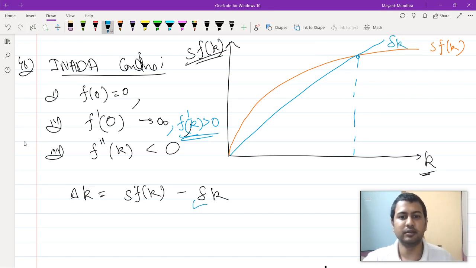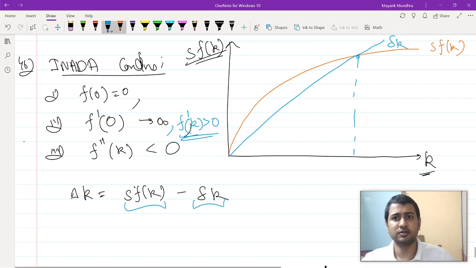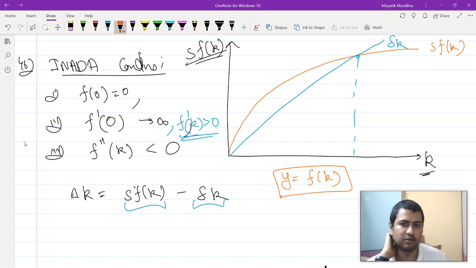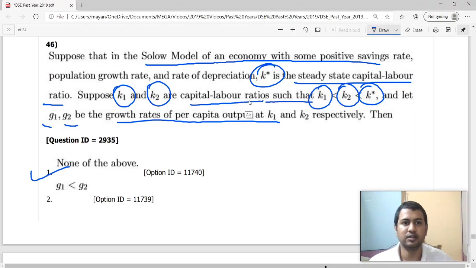So delta k is the depreciation, s f of k is your savings. Remember, output per capita is equal to f of k. So now this difference, s f of k minus delta k, as you can see, if you take different levels of capital, let's say k1 and k2, with k1 less than k2 less than k star.